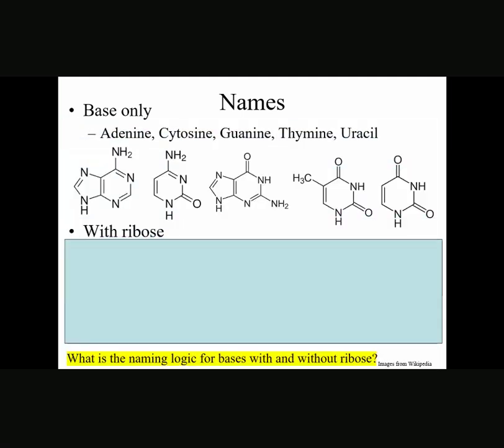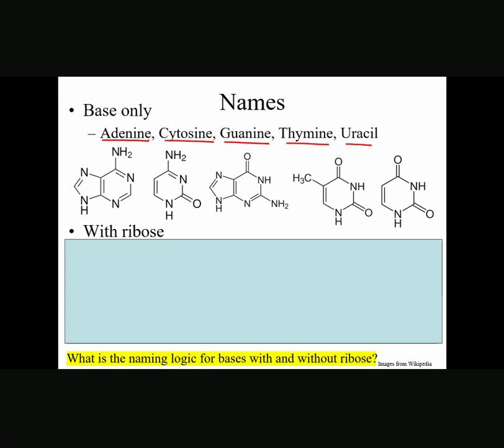When you have the base only, we call it adenine, cytosine, guanine, thymine, and uracil. And chances are, as we go through the slides today, inevitably I'm going to mess this up myself. I find it really hard to keep this straight.